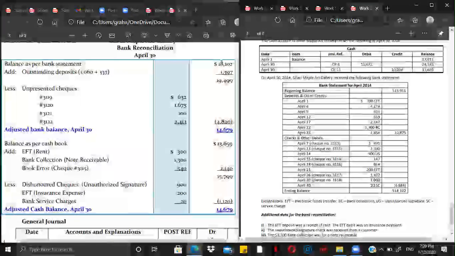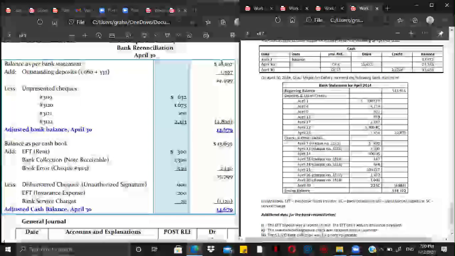This one is similar to the EFT received. It's basically a note receivable. A note receivable is money that you receive, some long-term money that you receive, I think. I don't clearly remember, but I think that's it.